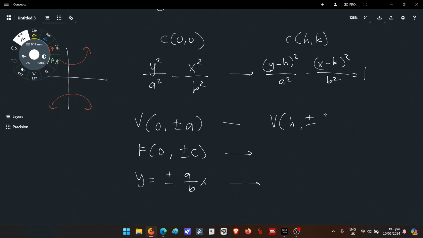Then positive negative k, k positive negative. Same goes for the foci. It's going to be h, k, positive negative c.